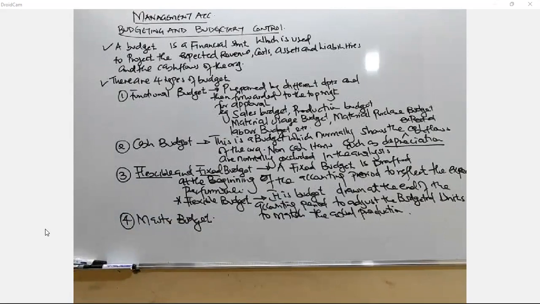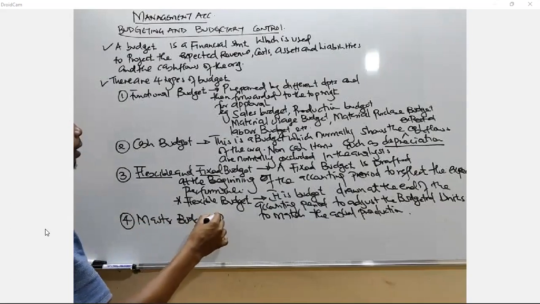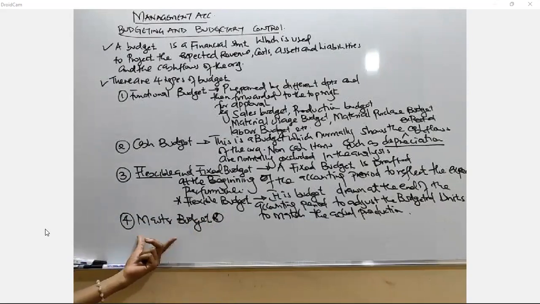In this budget, the balances from the cash budget are recorded in the statement of financial position. So it incorporates three types of financial aspects, and it has never been tested. So we are not going to focus our attention on the master budget.